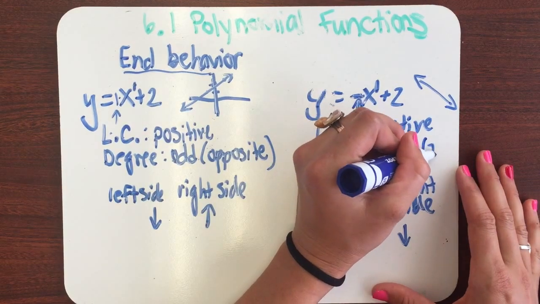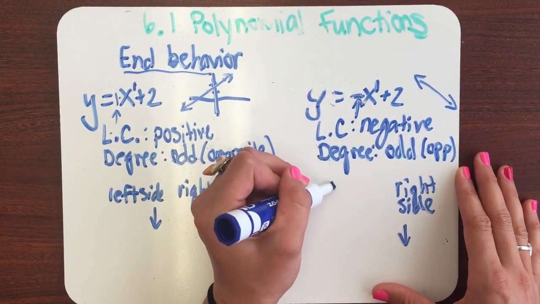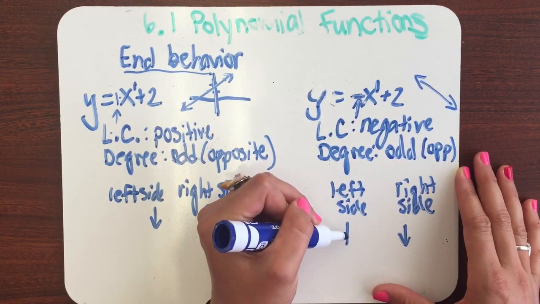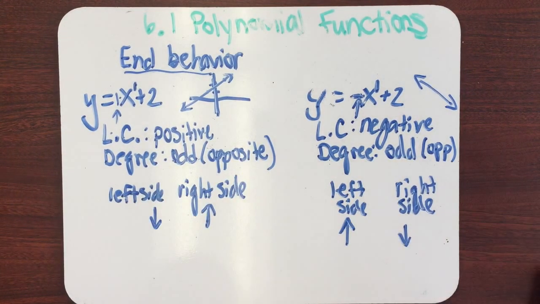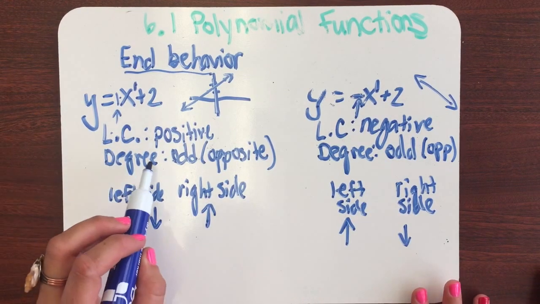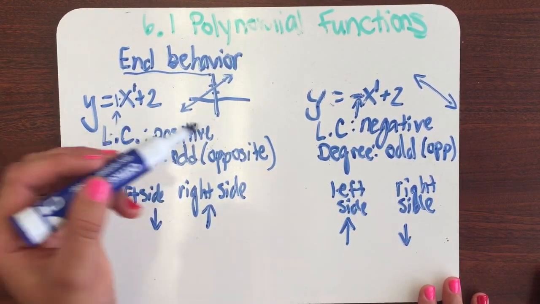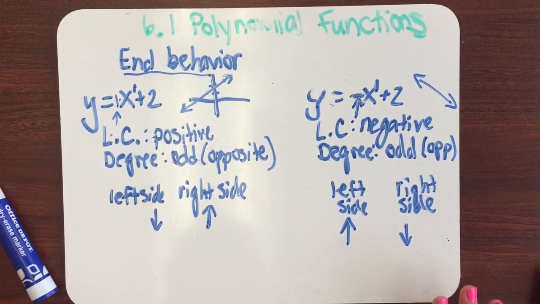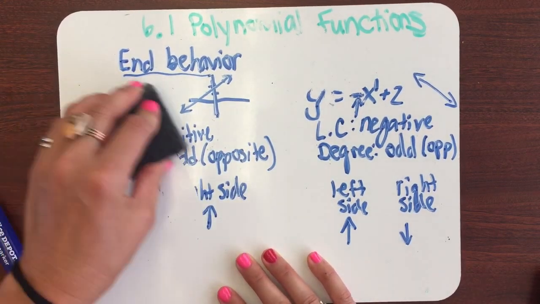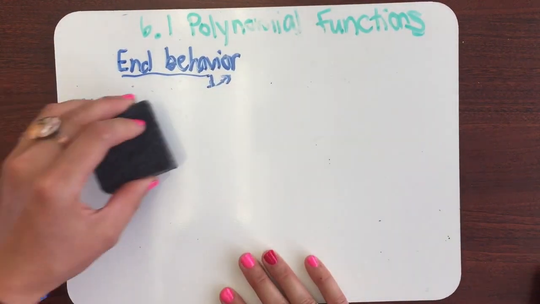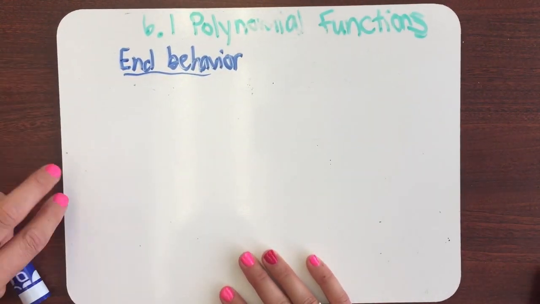And that goes in opposite directions, therefore the left side goes up. This is for when the degree is odd, and if it's a positive leading coefficient as opposed to a negative leading coefficient. So next, we'll look at when the degree is even for end behavior.